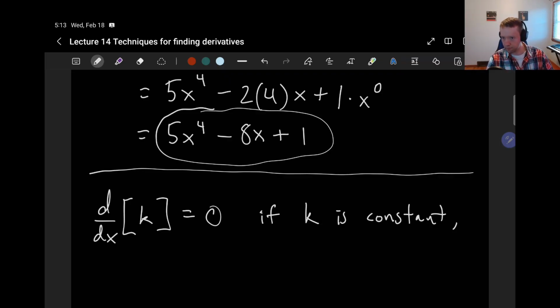Another way to think about it is that the derivative measures rate of change, instantaneous rate of change. And if the function is constant, like k, then there is no change. Hence, the rate of change is 0 everywhere. But let's work this out from power rule.